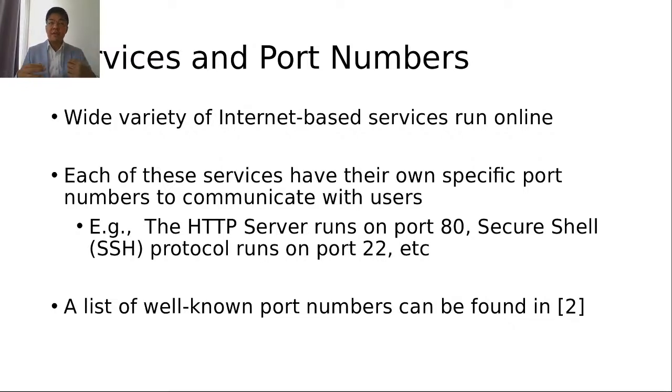Each of these services on the internet has its own specific port and service number to distinguish itself from other services. At any given point in time, one machine will be connected to a myriad of services. For example, you will be connected to WhatsApp, Spotify, Chrome, of course, Viber, and each of these services will have their own ports.